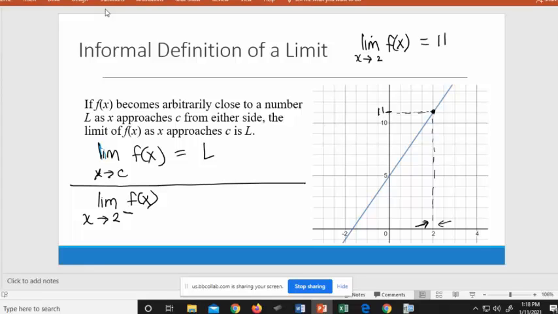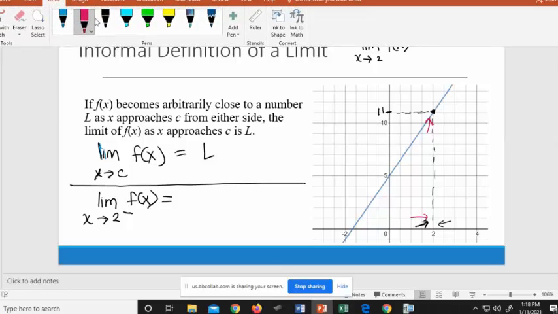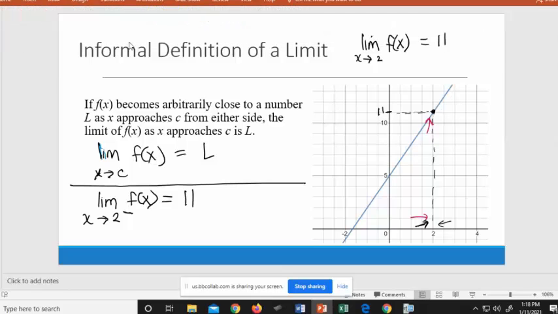So the minus would be from the left. Okay, so as x approaches 2 from the left is equal to, hey, so if I come in this direction from the left, I see that the y's coming in this direction, they're still approaching 11. So is equal to 11.